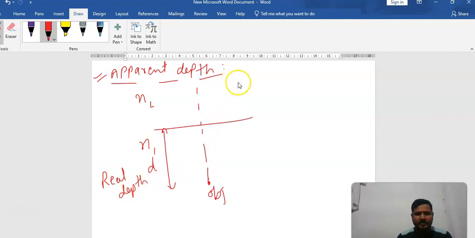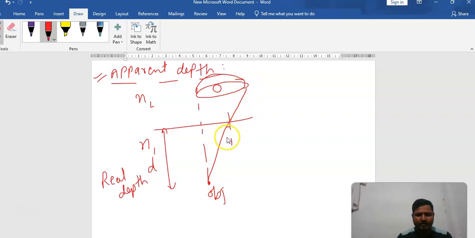Now here is the observer, and this is the eye of the observer. From the object, our ray will go like this, and again it will go like this, and it will fall on the eye.